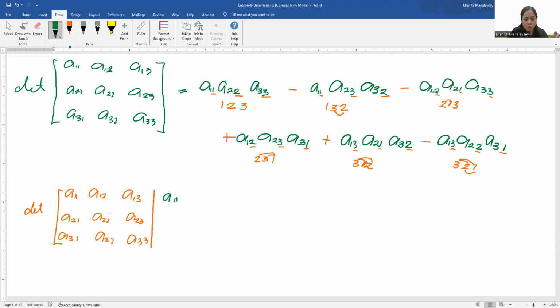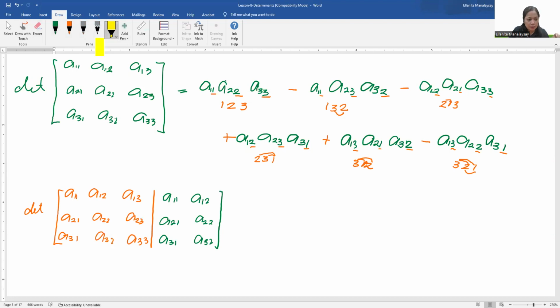So, A11, A12, A21, A22, A31, A32. Okay, then afterwards, we get the product of the diagonals.